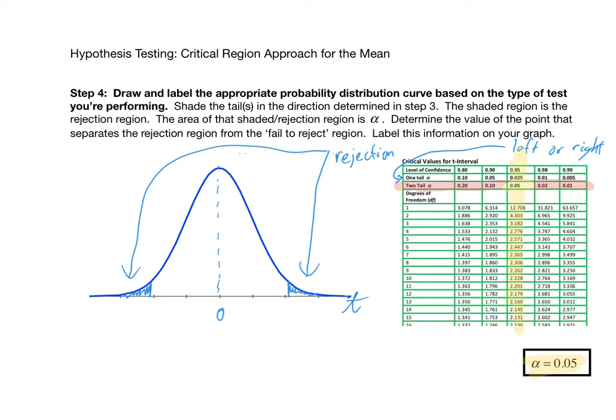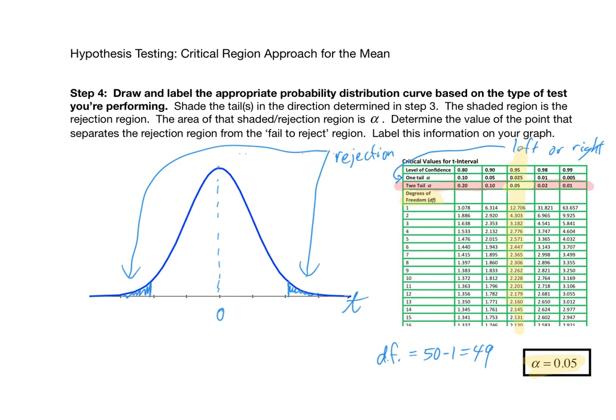Which row we use depends on the number of degrees of freedom associated with the problem. If you can recall, the number of degrees of freedom is the sample size minus 1. Our sample size here was 50, so the number of degrees of freedom is 50 minus 1, which is 49. For the sake of this video, this only goes up to about 16 right here. You have to look further on in the table when you have 49 degrees of freedom.